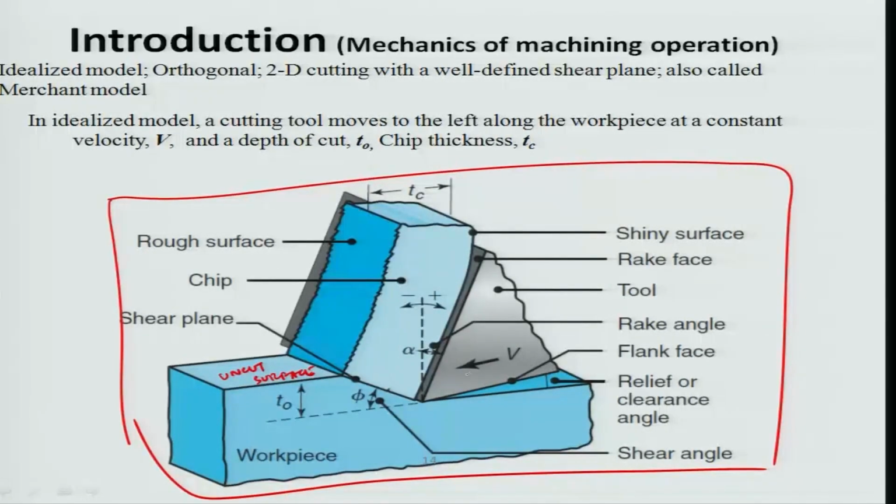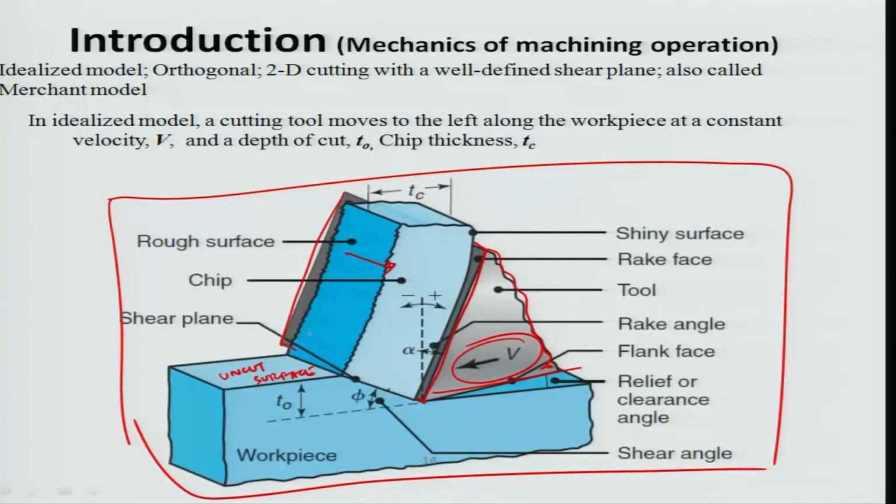So, the tool is in the direction parallel to that of the workpiece. This is the tool edge which is performing the cutting action, and this is a part of the tool here again, and you have a velocity of the tool v due to which the chipping action is going to happen. This is of course the chip which is being formed.